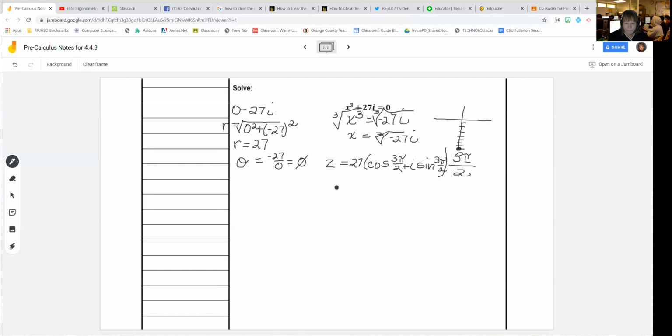So z to the 1/3 power is 27 to the 1/3 power cosine 3 pi over 2 times a third plus i sine 3 pi over 2 times a third.